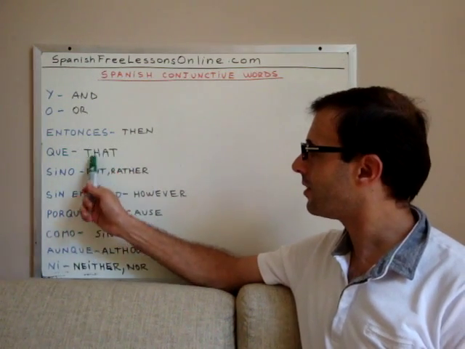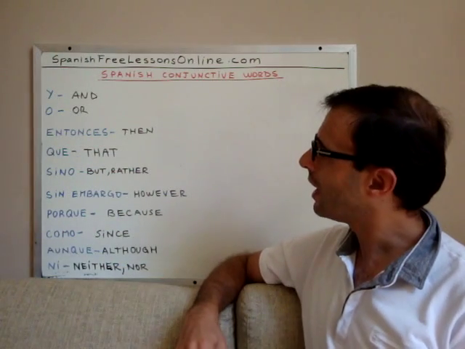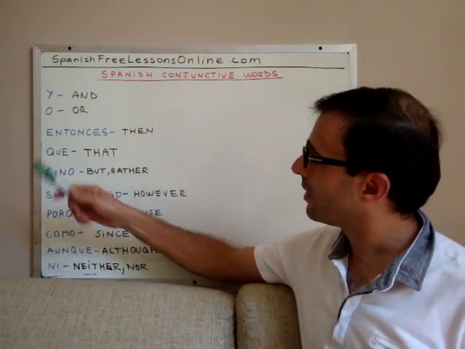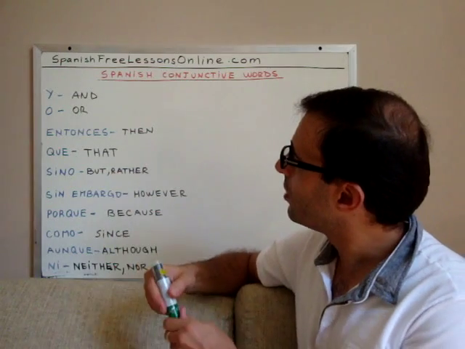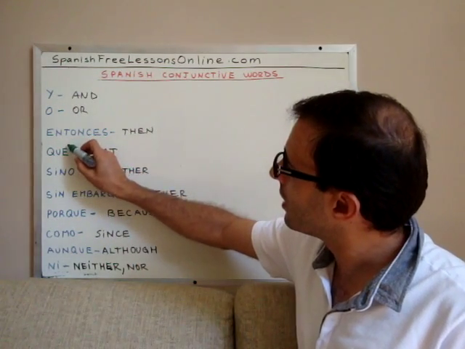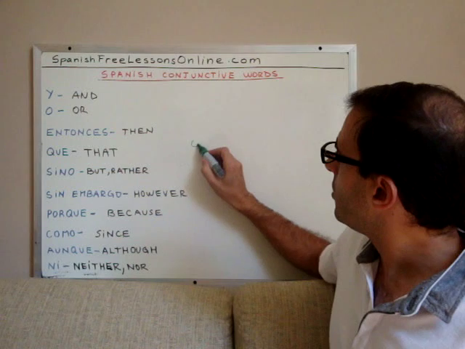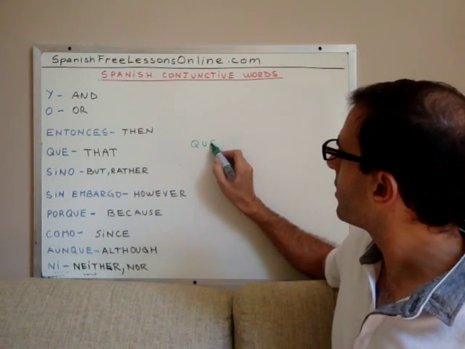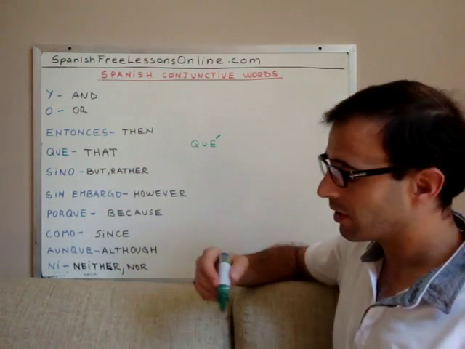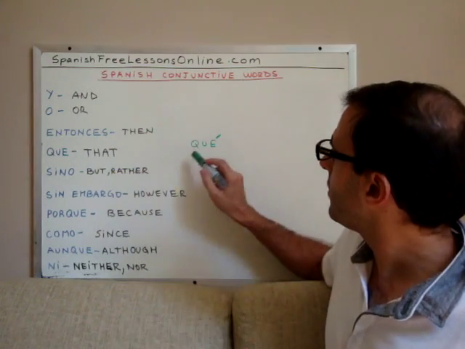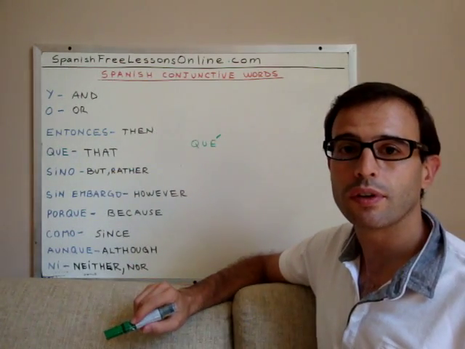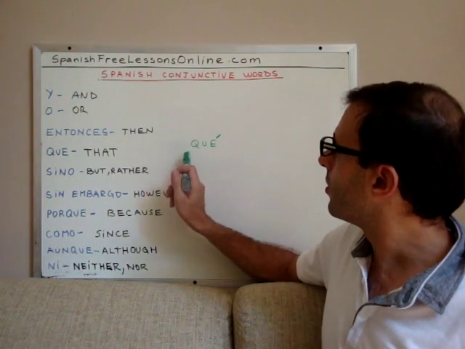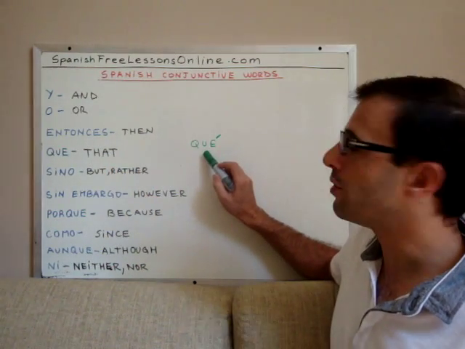That is que. However, take a look at this. In this case, the que has no tilde on the I. You have another qué that has a tilde on the letter I. This qué means what, right? So these are different words with different meanings.